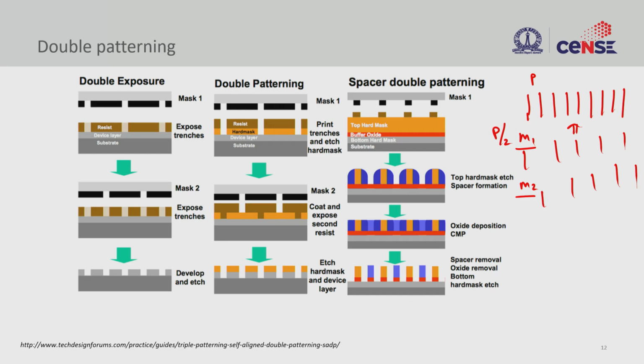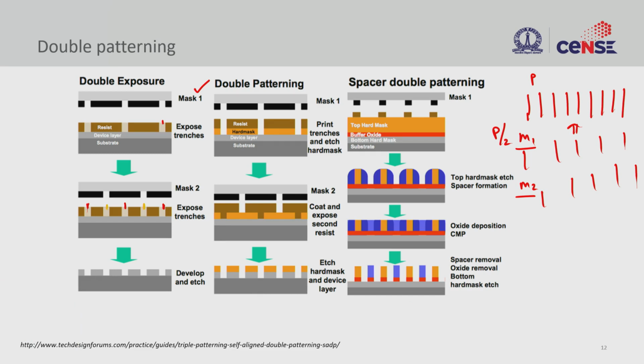You first illuminate mask 1. You can see here this is the mask 1 pattern, and then mask 2 comes on top of it. This is mask 2. When you align mask 2 on top of mask 1, the final image is actually double the pattern density.